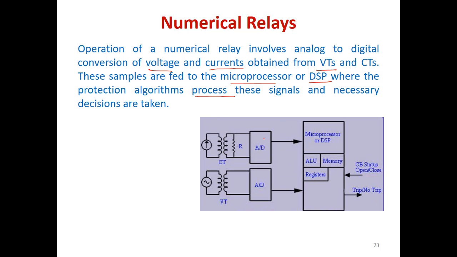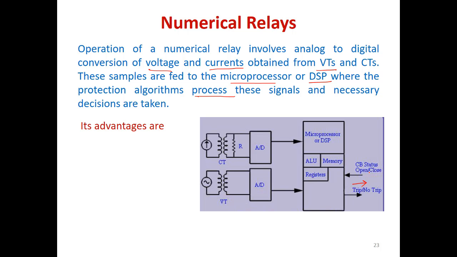You can see a block diagram of the digital relay, where the CT is feeding an A to D converter, analog to digital converter, and VT is also feeding an A to D converter. The digital signals are fed to the microprocessor or DSP kit, which after computation gives the signal to the circuit breaker, whether it is to be tripped or not.